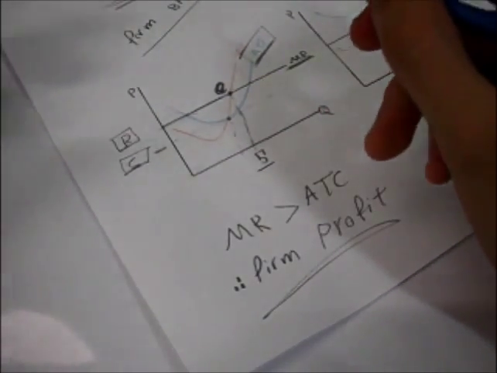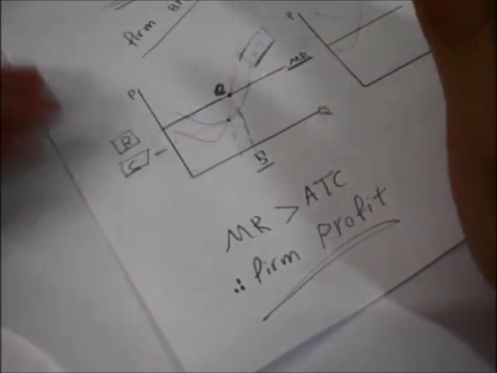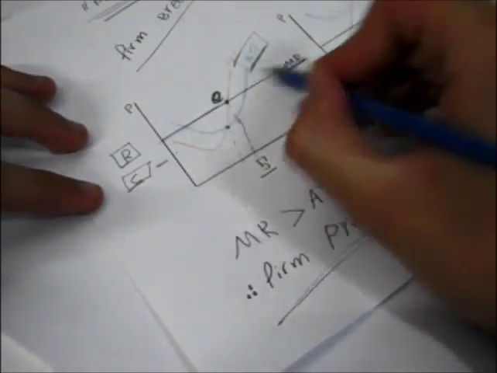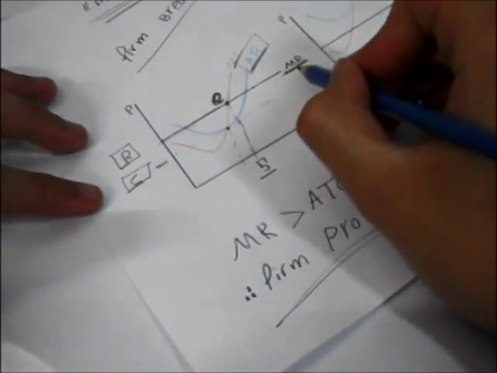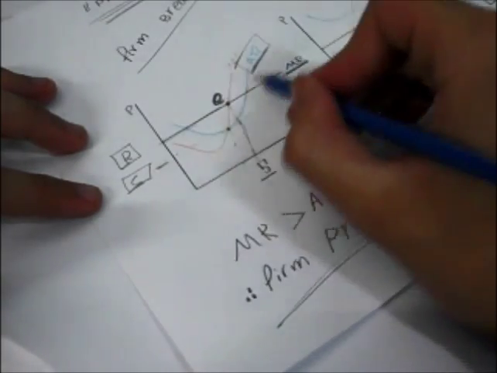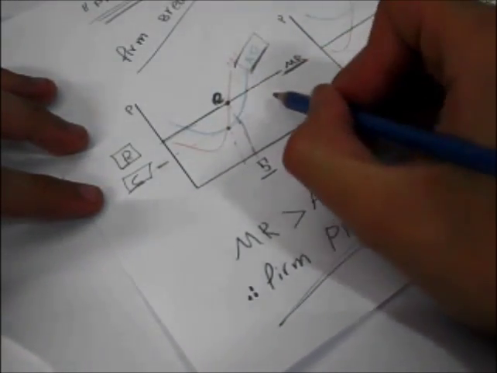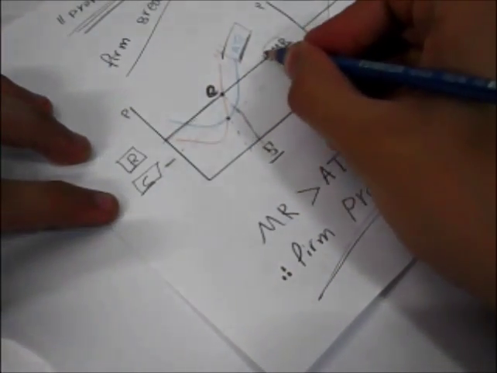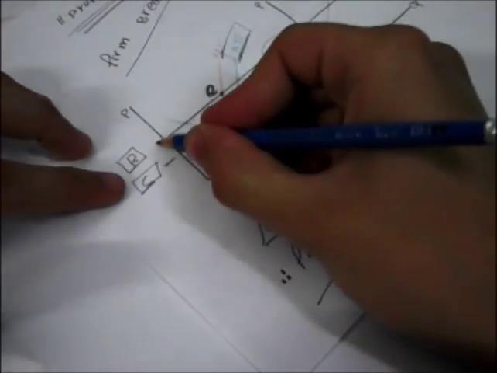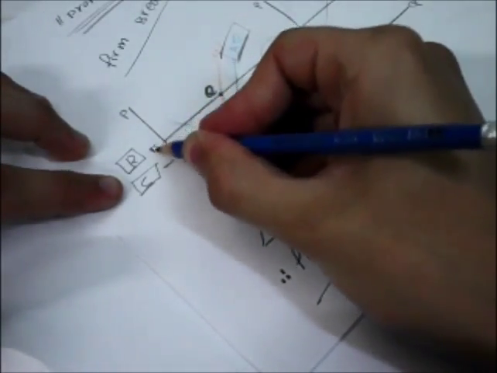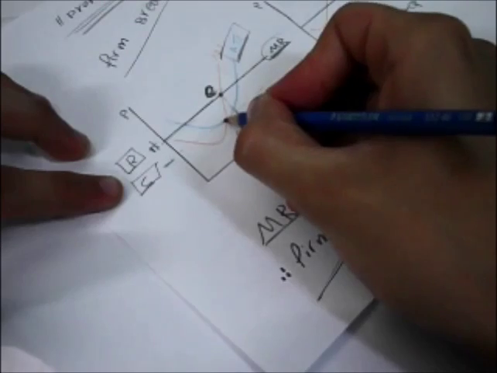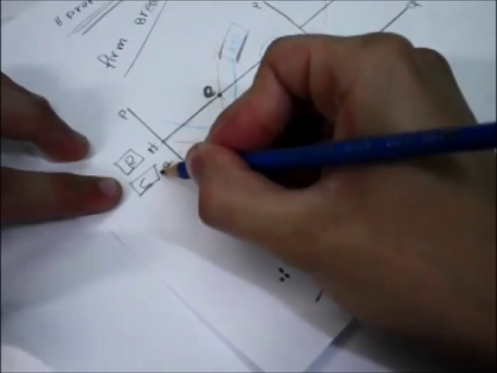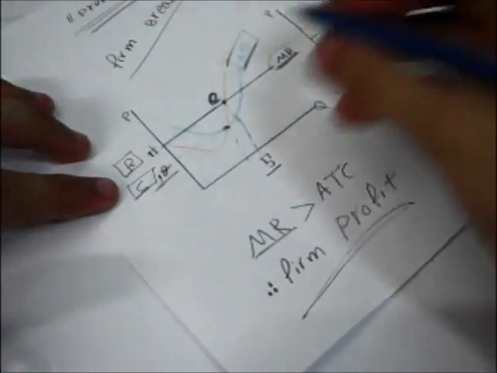Let me illustrate it one more time. We just figure out which curve is higher than the other. If the marginal revenues are higher than the average total cost, then the firm is making profit. Here's the marginal revenues, say this is $1, and the average total cost here sits at, let's say, 80 cents.